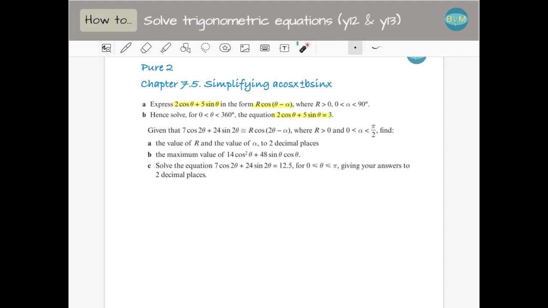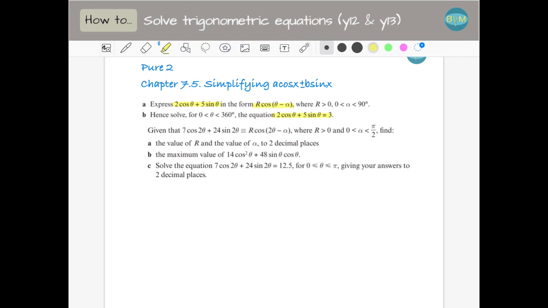But if they don't tell you this, you will have something in cos and sine that you cannot divide, because if you divide here by cos, you will have 1 tan, and then you will have 3 divided by cos. So again, you cannot do anything with it. Dividing by cos doesn't help. So we are going to transform this expression into one that has only cos or only sine.